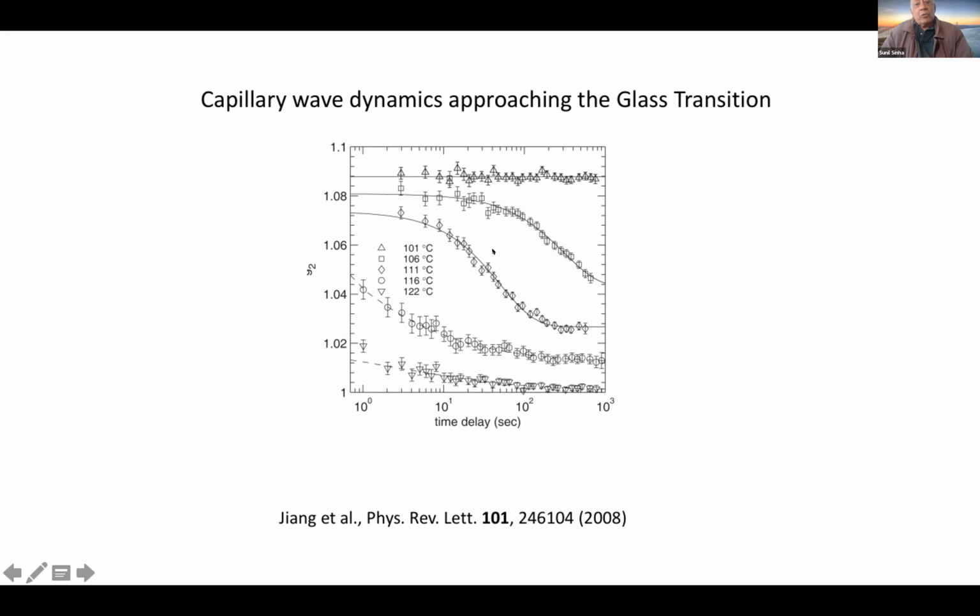Then as you go down towards the glass transition, you get this anomalous behavior, and you can't fit it with a simple exponential anymore. It has to be a stretched exponential. And then when you go down very close to the glass transition, it becomes a simple exponential once again, this time with an enormously greater mobility.